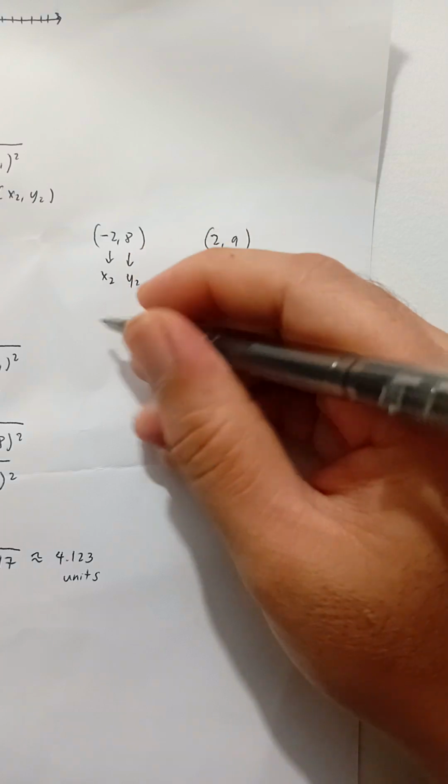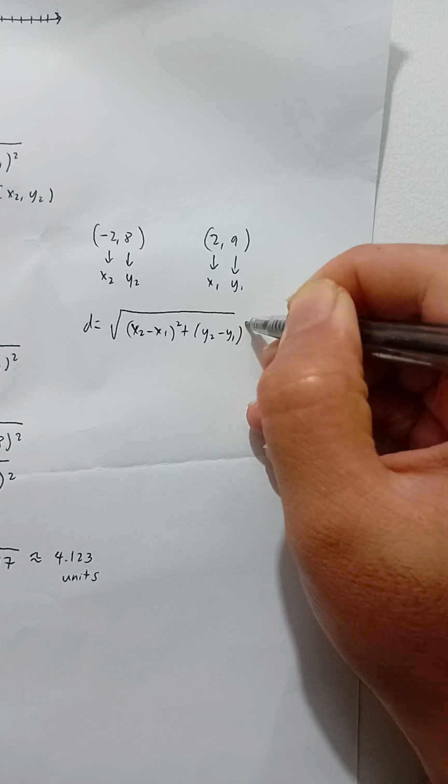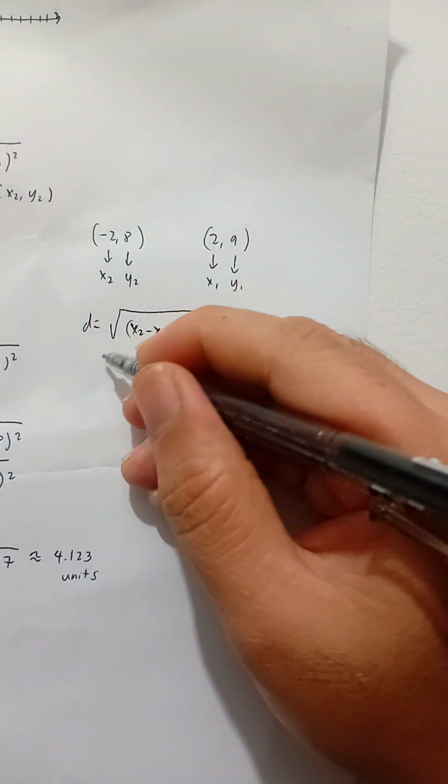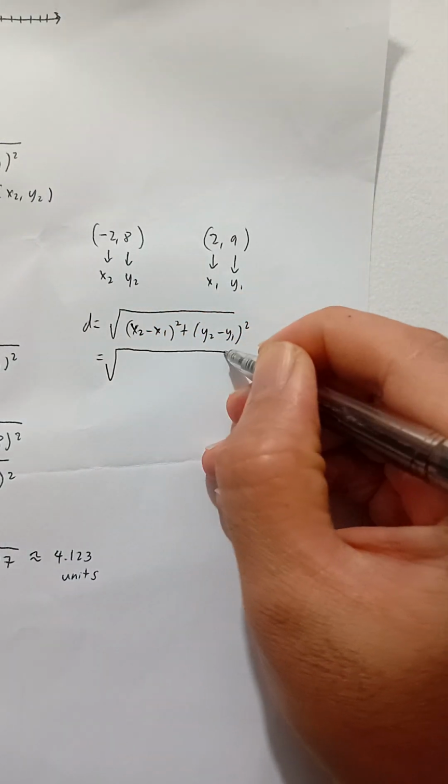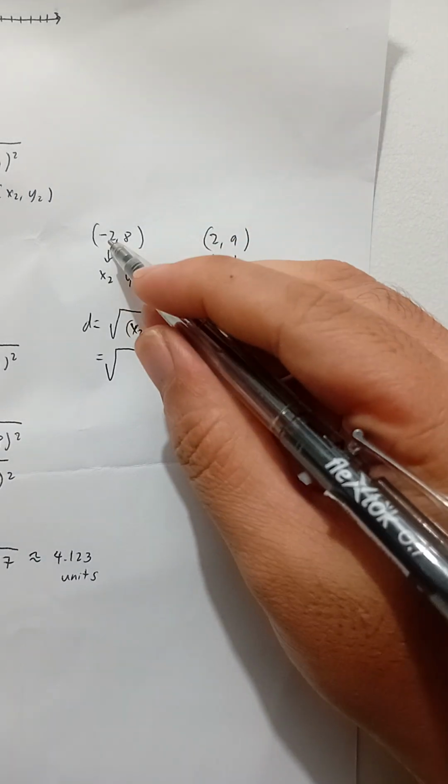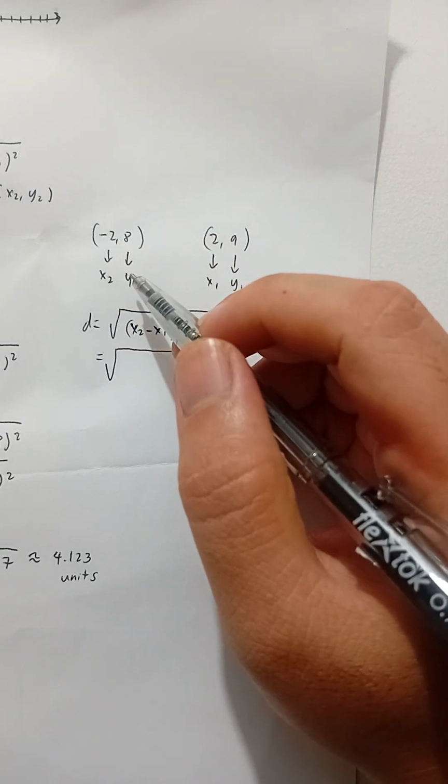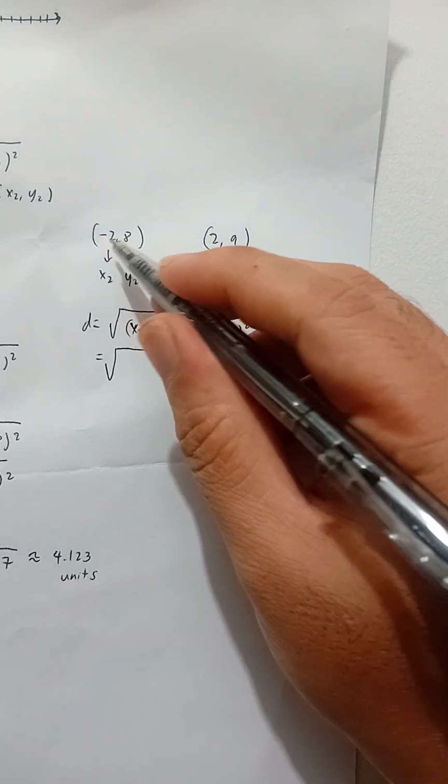So let's go back again to the distance formula, d equals the square root of (x sub 2 minus x sub 1) squared plus (y sub 2 minus y sub 1) squared. Now, according to our new assignments, x sub 2 is negative 2.